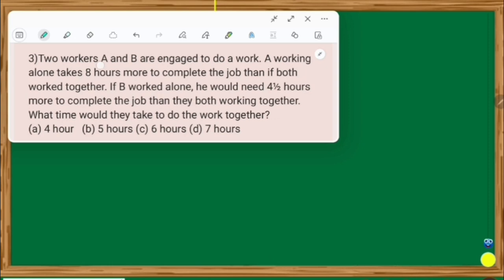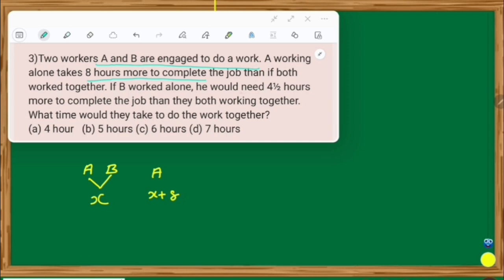Here, two workers A and B are engaged to do a work. So, the total working time of A and B together, we assume, is X hours. A takes 8 hours more than their combined work. Therefore, A alone takes X plus 8 hours.